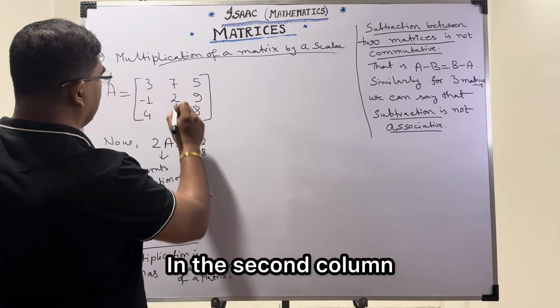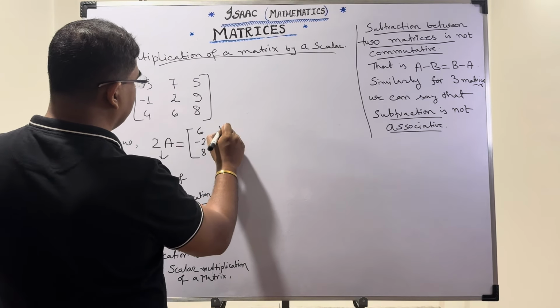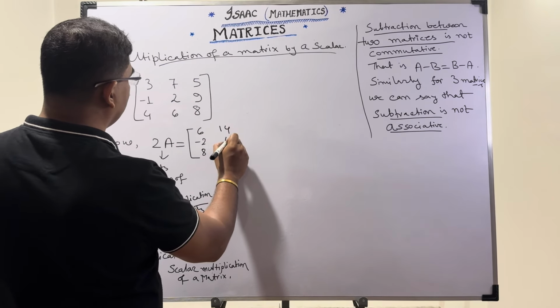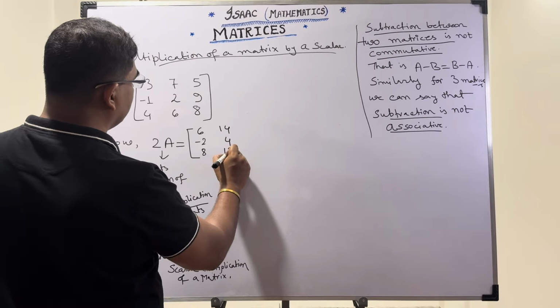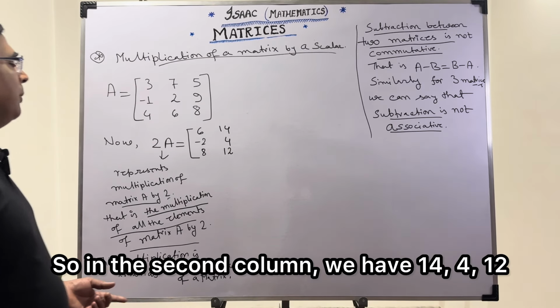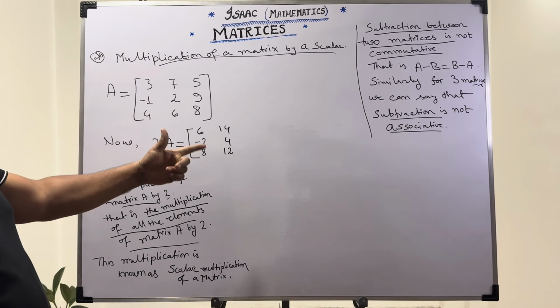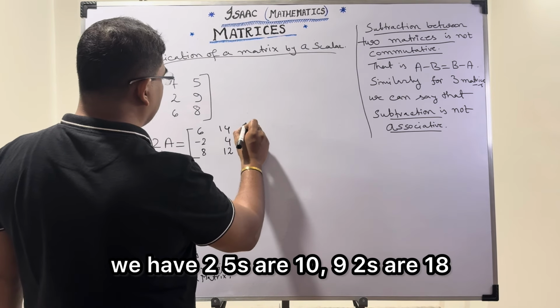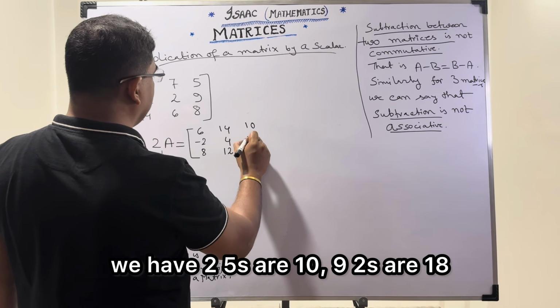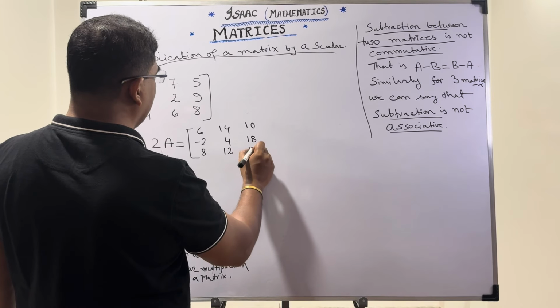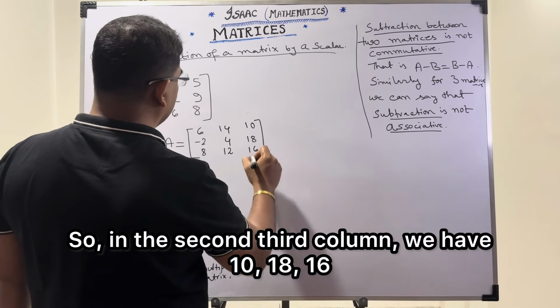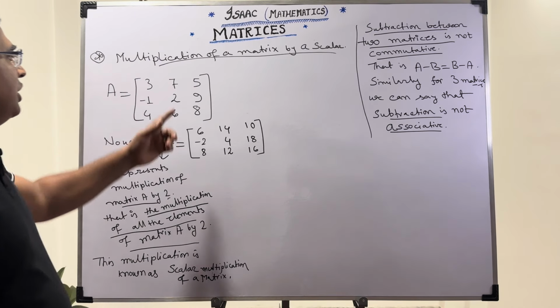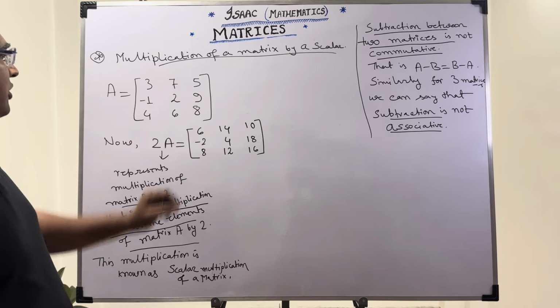In the second column 2 into 7 is 14, 2 into 2 is 4, 2 into 6 is 12. In the third column we have 2 5s are 10, 9 2s are 18, 2 8s are 16. Okay.